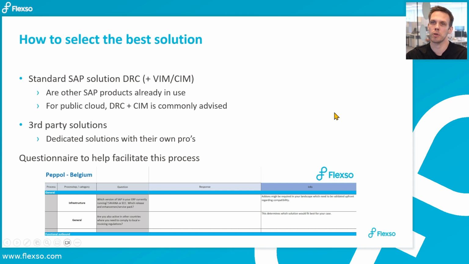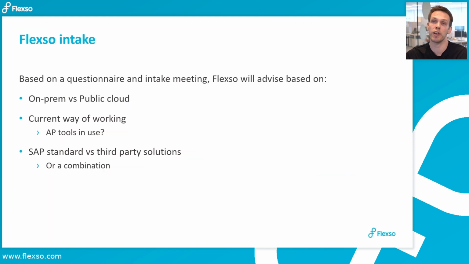We've also produced a questionnaire which helps us facilitate this process. With this questionnaire, we will already have an idea of how your landscape looks, the amount of invoices that you send and receive, for example. And based on this questionnaire, we will have a Flexso intake.